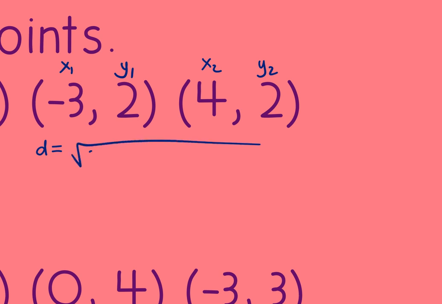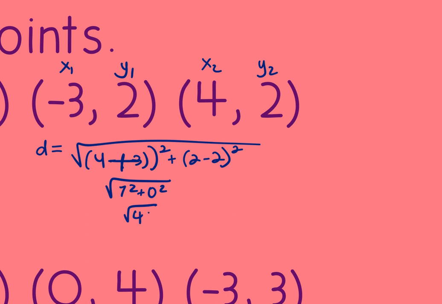So square root of (4 minus a negative 3) squared plus (2 minus 2) squared. Minus the negative becomes plus, and I get the square root of 7 squared plus 0 squared, square root 49, which goes back to 7. If it's a square root, it has to be simplified.